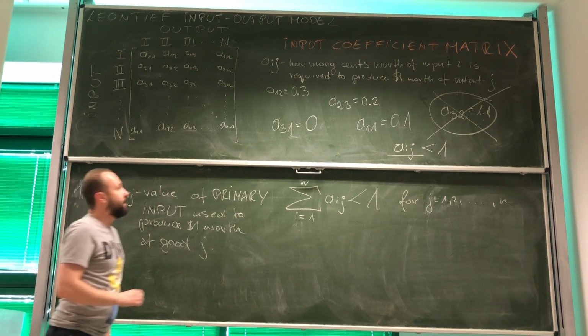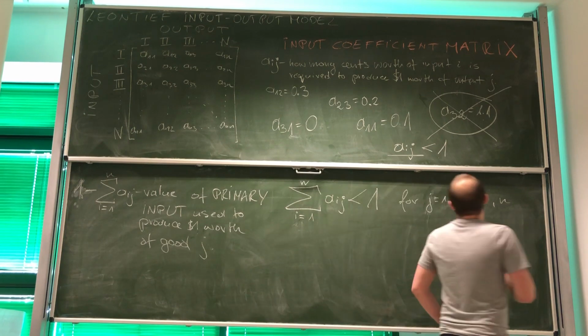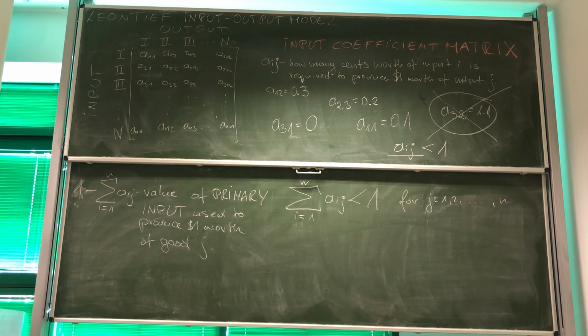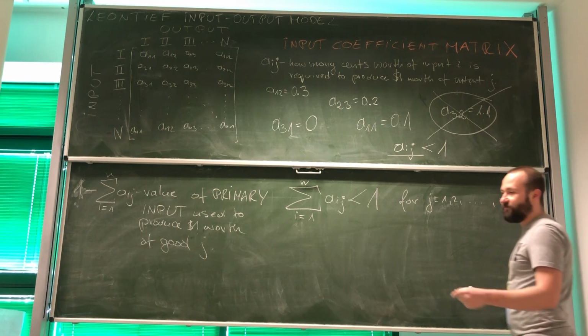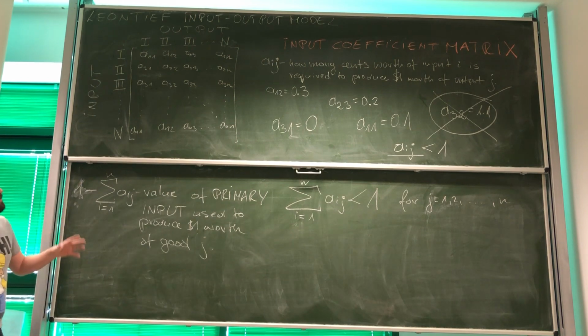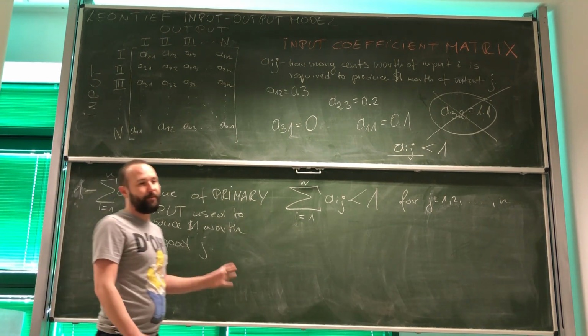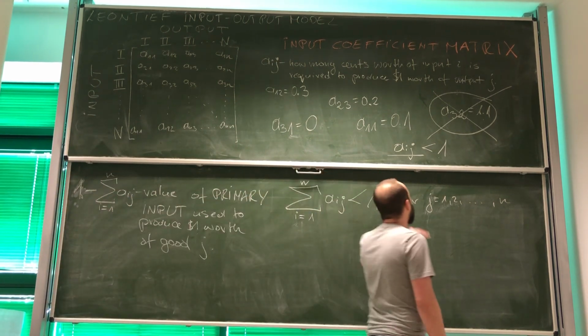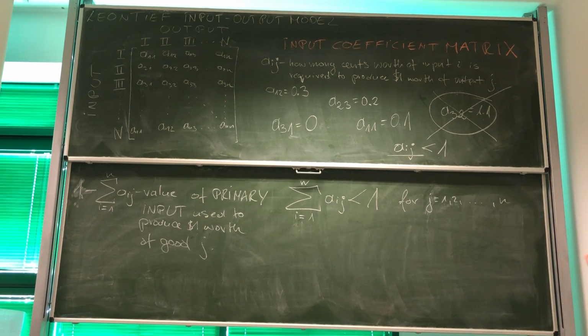Okay, and look, I think this is all the basic information you need to know on input-output matrices, so on input coefficient matrix. In the description of the video, I'm going to actually provide you a link to the database where you can actually see the real live input coefficient matrices.